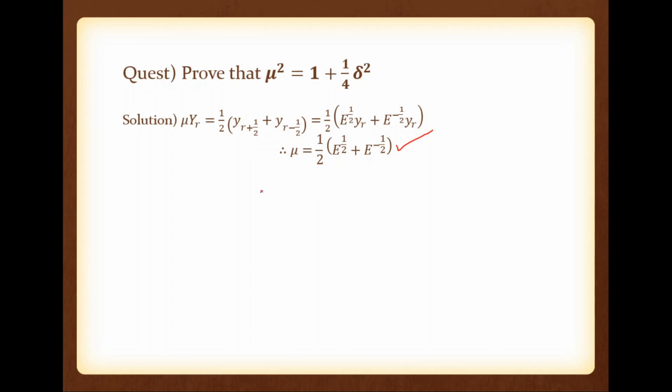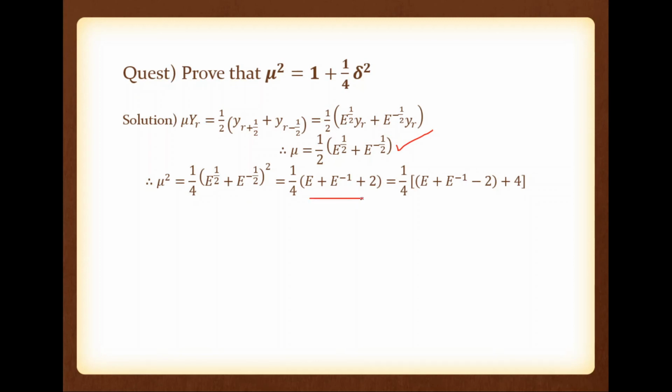Now what is mu square? Mu square is equal to 1 by 4, that is the square of this one, into e raised to 1 by 2 plus e raised to minus 1 by 2 whole square. So this is a plus b whole square. We can write it as a minus b whole square plus 4. There is no need to expand this one; directly you can write it by remembering that.